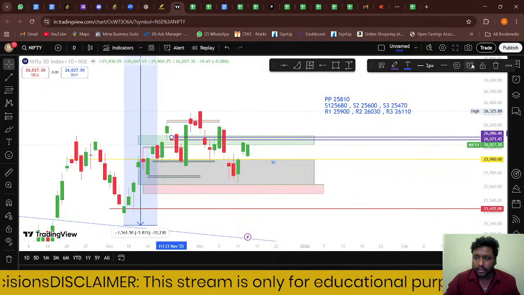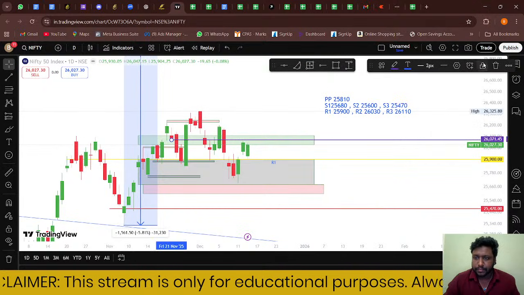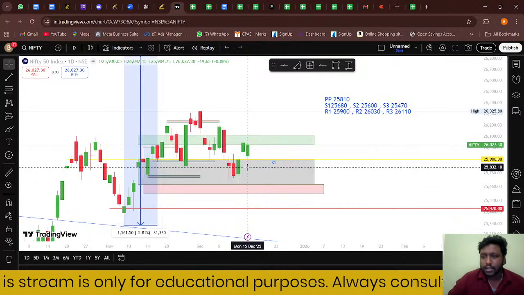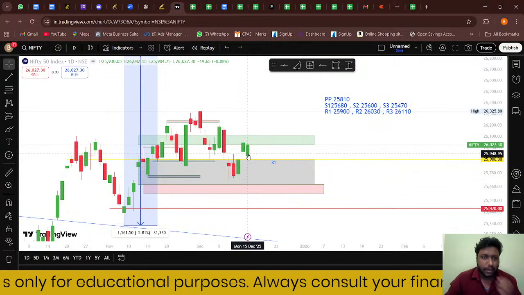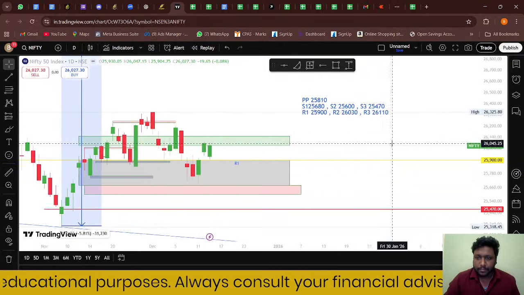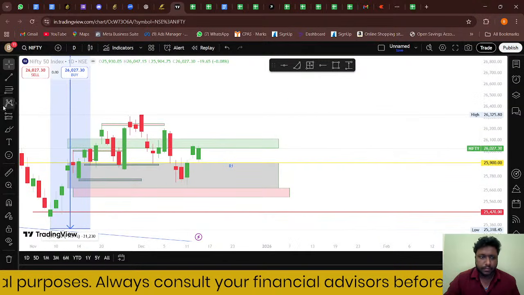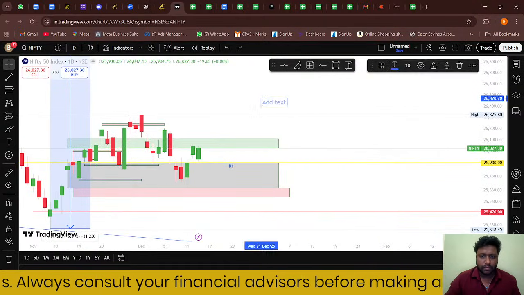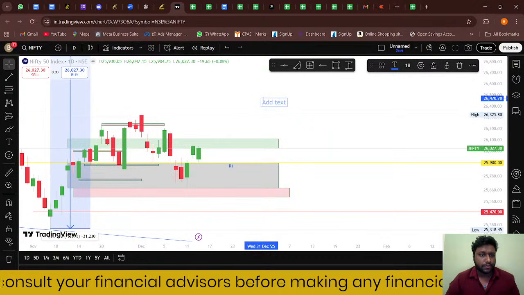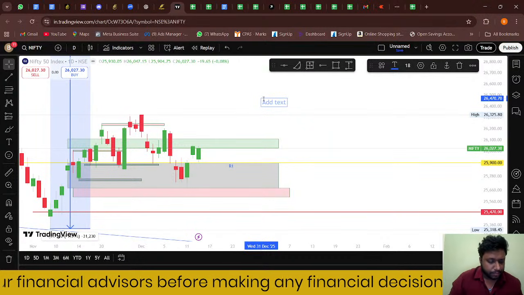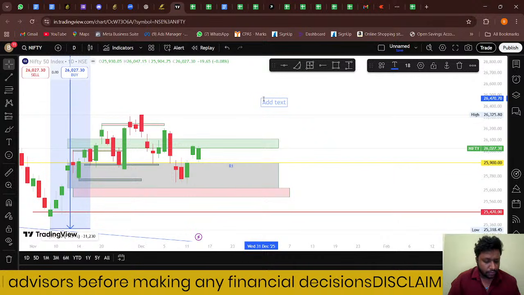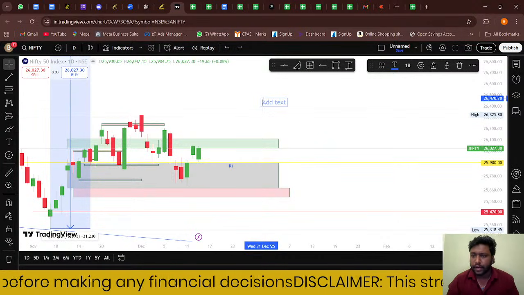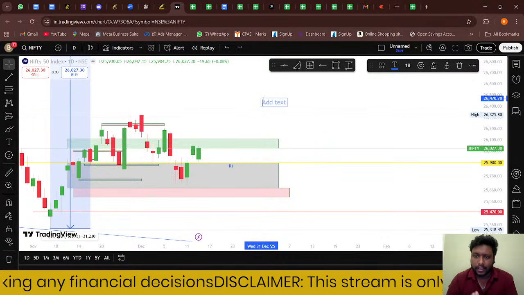I'll change these lines. So we are back at about 26,000, right? As of Nifty, the pivot line for today is at 25,992 exactly.